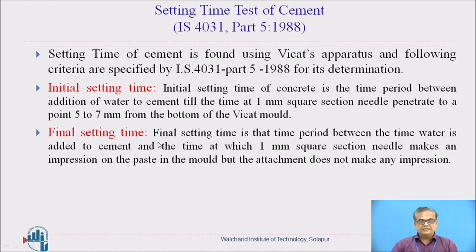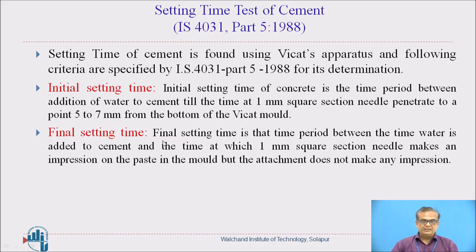Now what is final setting time? Final setting time is that time period between the time water is added to cement and the time at which this 1 mm square section needle makes an impression on the paste in the mold, but the attachment does not make any impression.